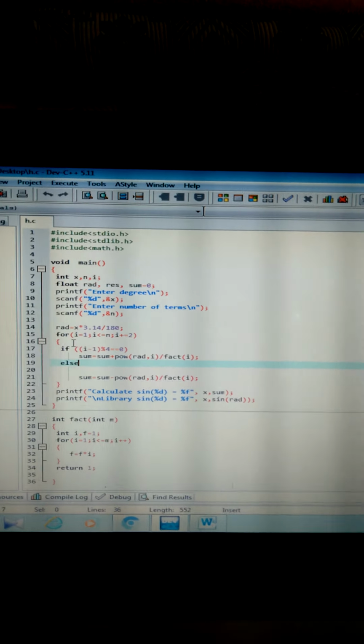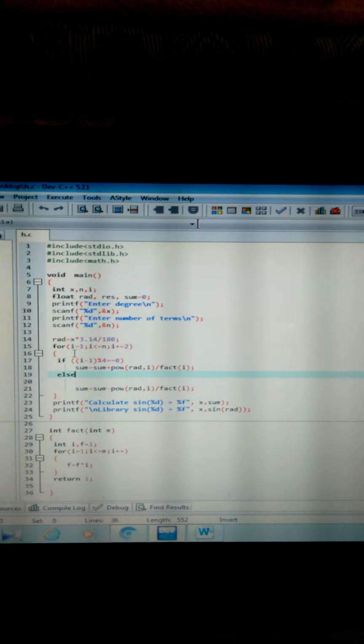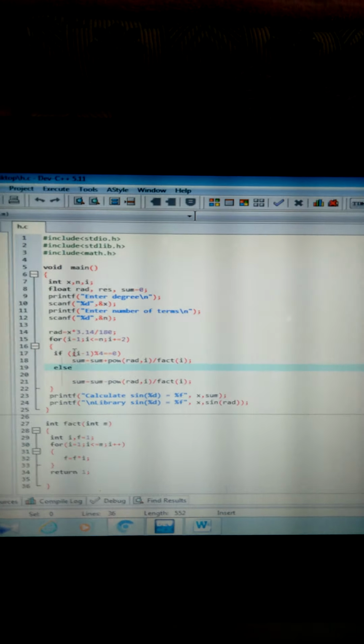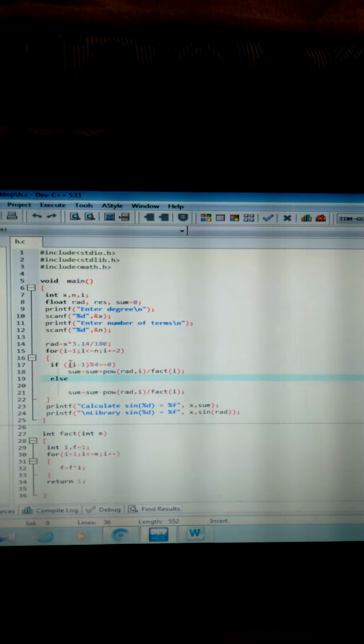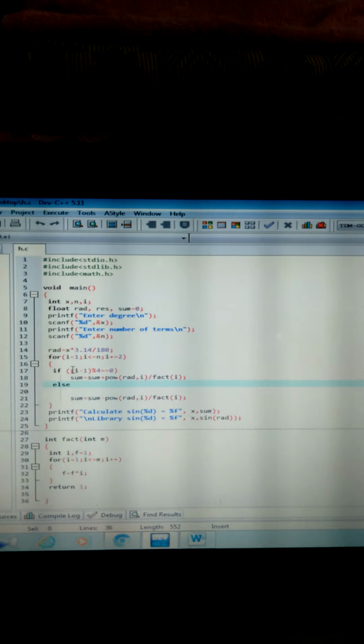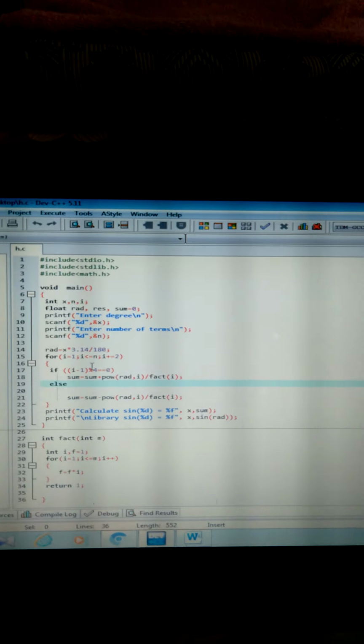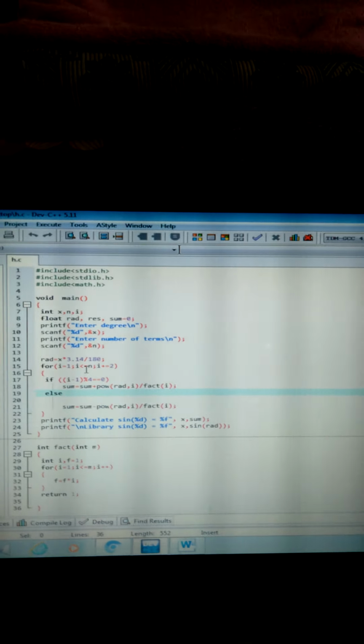Then for i equal to 1, i less than or equal to n, i plus equal to 2. That is, in Taylor series, the index of the x starts from 0 and increments by 2, up to the number of terms or lesser than the number of terms.